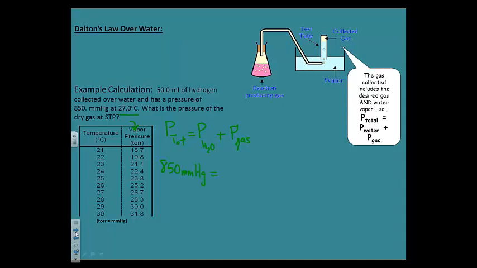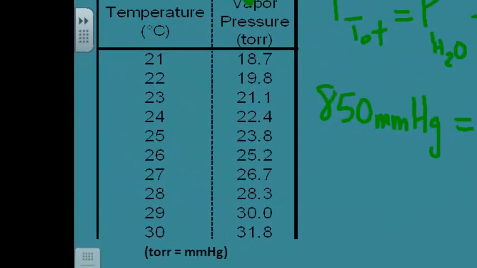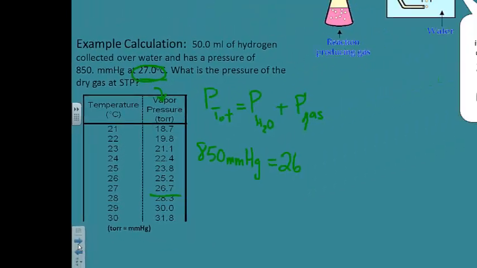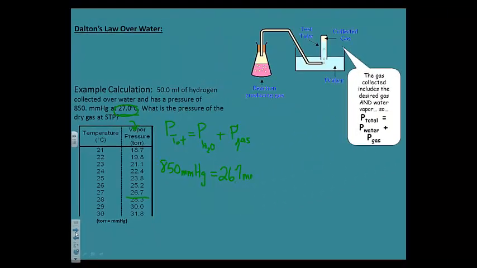The pressure of water at 27 degrees is 26.7 millimeters of mercury. I know it says torr, but that value is the same as millimeters of mercury. There's the value of water, and I'm looking for the value of X, my unknown, in this case hydrogen.